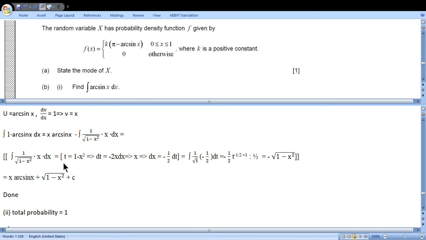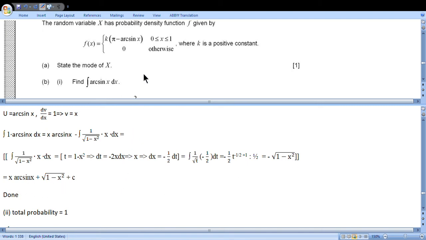Using the substitution t equals 1 minus x squared, we can easily get the answer. So this question is done.